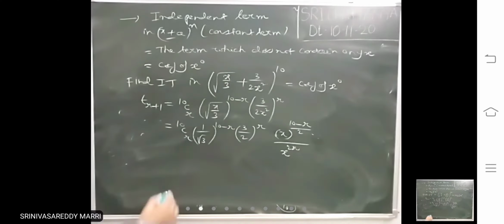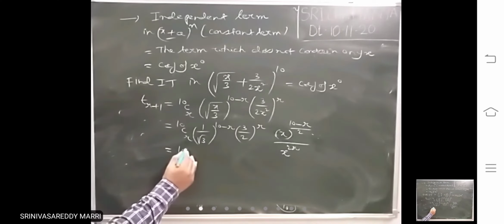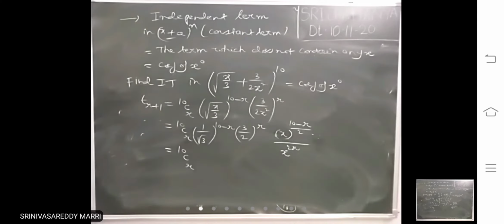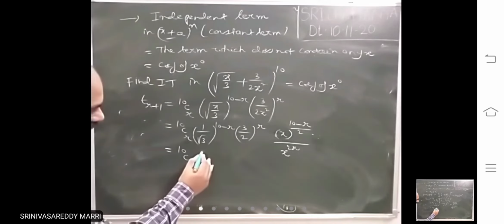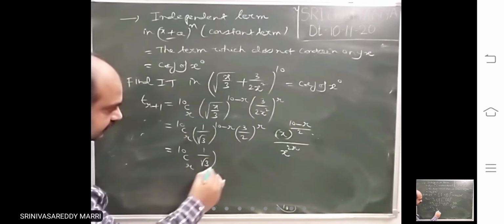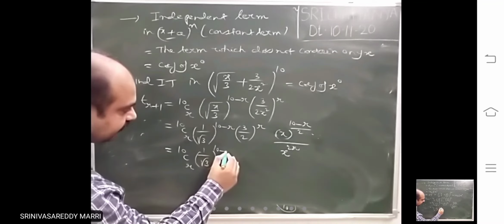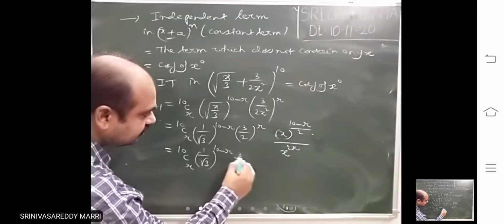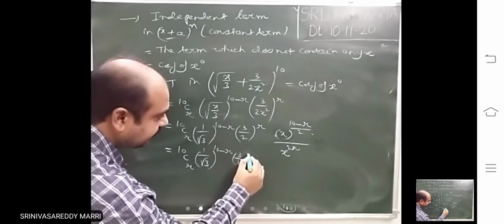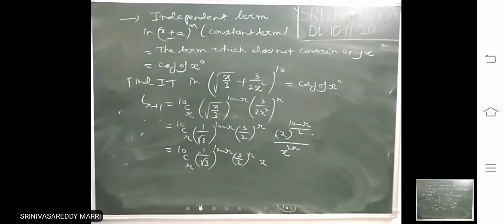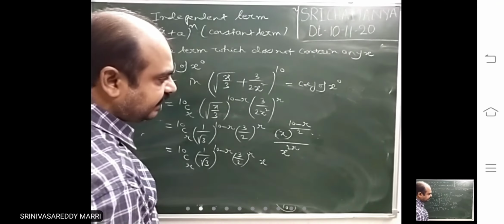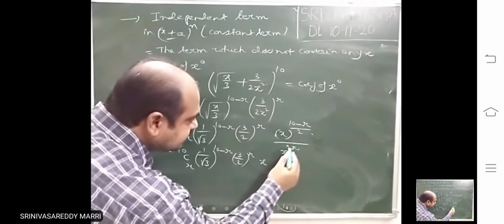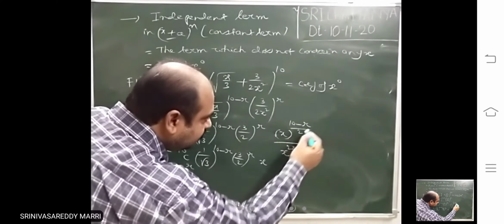So you will get 10Cr into 1 by root 3 to the power 10 minus r into 3 by 2 to the power r into x to the power 10 minus r by 2 minus 2r.